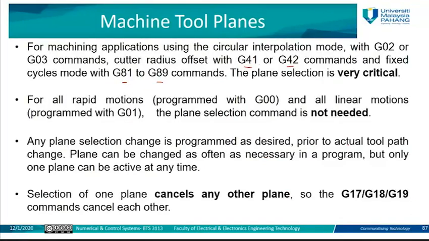For all linear motion like G01, the plane selection command is not needed. Whether you work in XY, ZY, or XZ, no need to define the plane for G00 and G01. But in the case of G02 and G03, it has a direct effect.